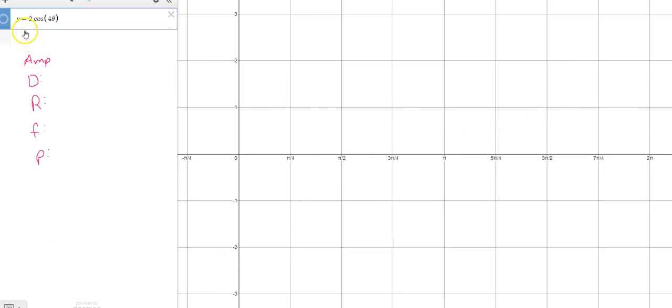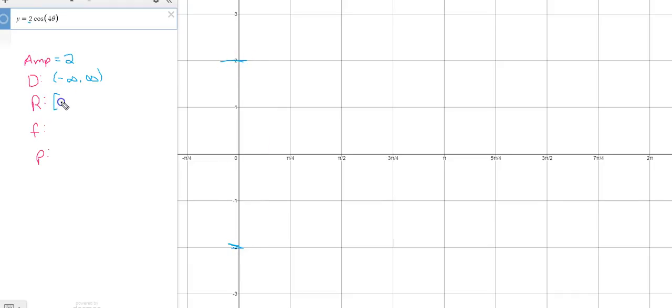All right, here we go. We have y equals 2 times the cosine of 4 theta. The amplitude I should know right now is right here in front. The amplitude is 2. The domain for all these functions is negative infinity to positive infinity. And the range, since the amplitude is 2, I know it's going to go between -2 and +2.